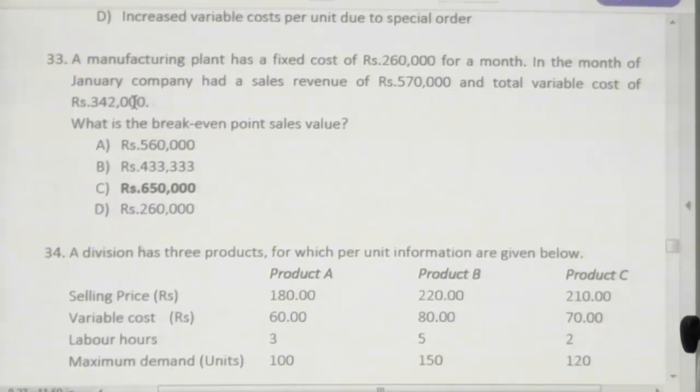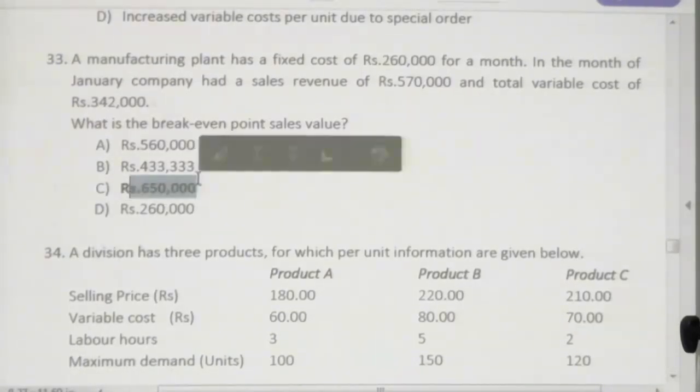Then divide it by the sales value, that is 570,000. You can see your contribution to sales ratio, your CS ratio, will be 40%. Now, your fixed cost is 260,000. Divide your fixed cost by the CS ratio, and that is 650,000, right?